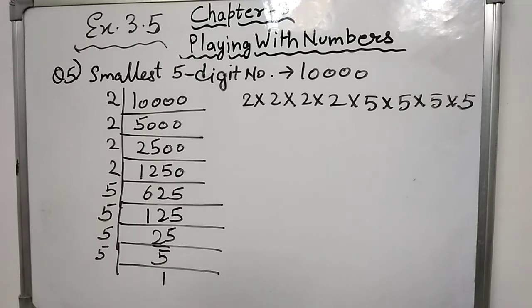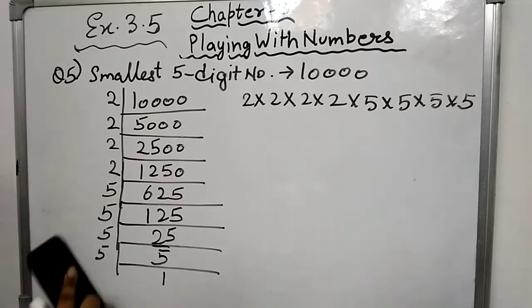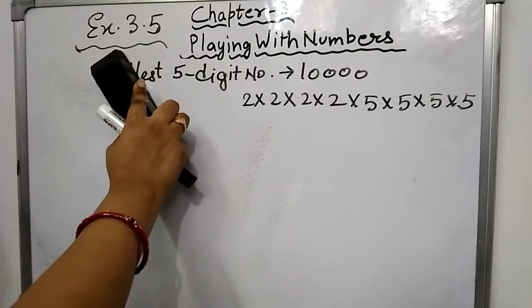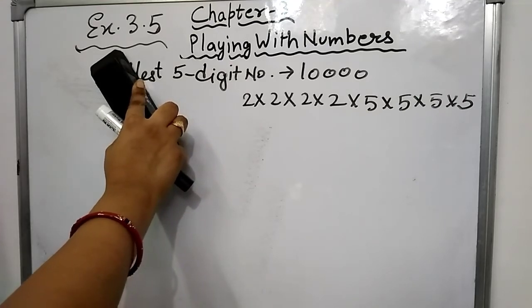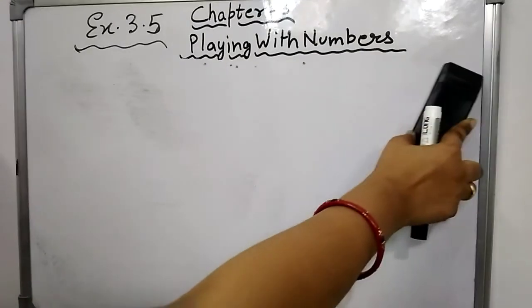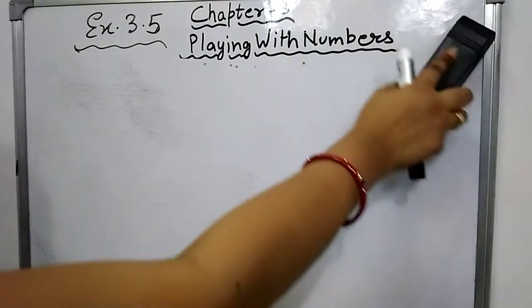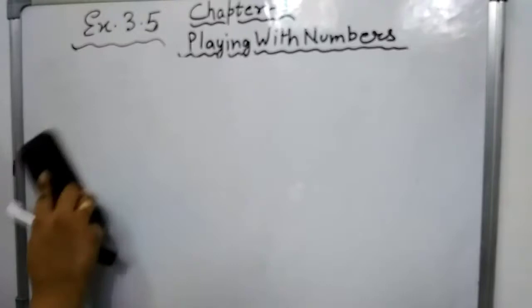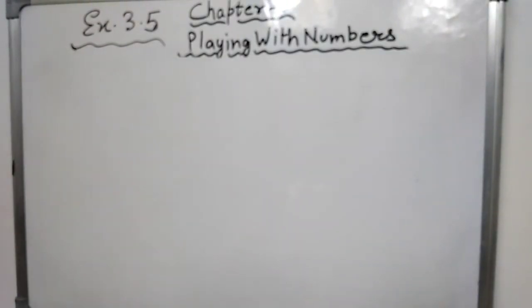Now next is question number 6. Find all the prime factors of 1729 and arrange them in ascending order. Now state the relation, if any, between two consecutive prime factors. We need to find the prime factors of 1729.